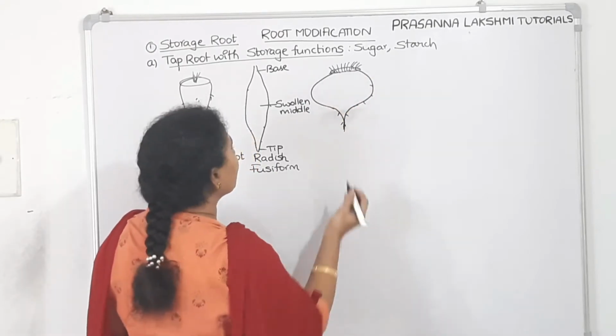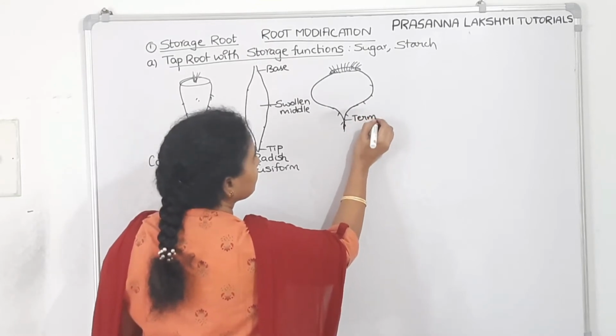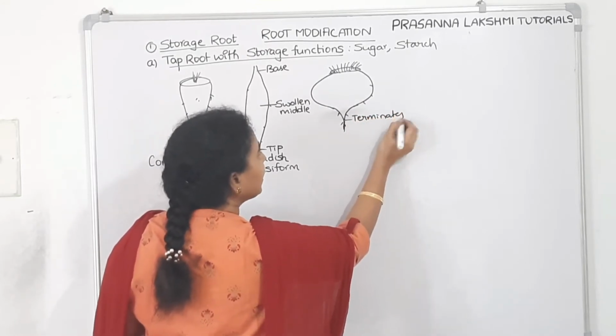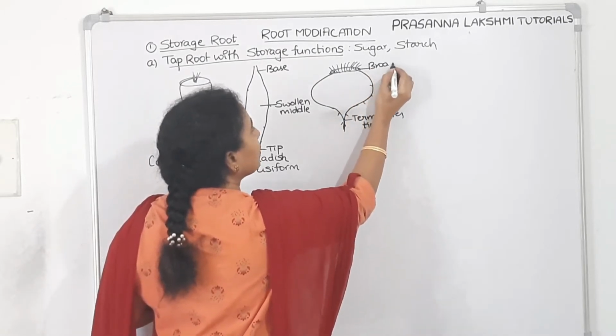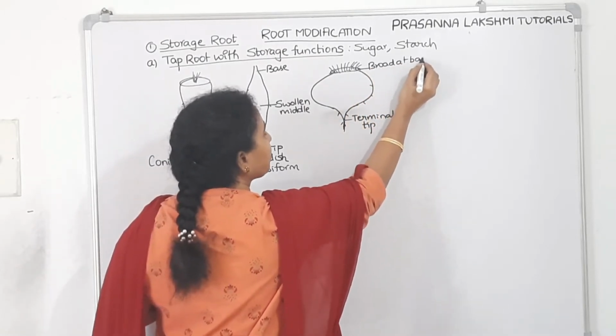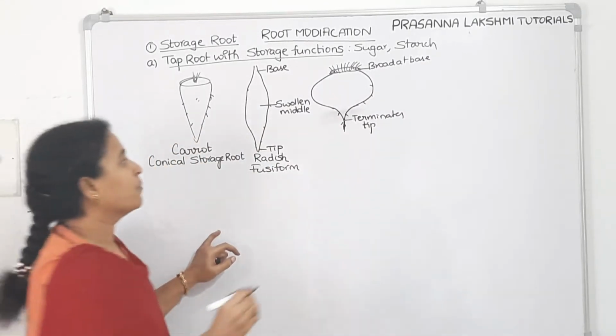Such a root terminates at the tip and is broad at the base. Such a type of storage root is called napiform.